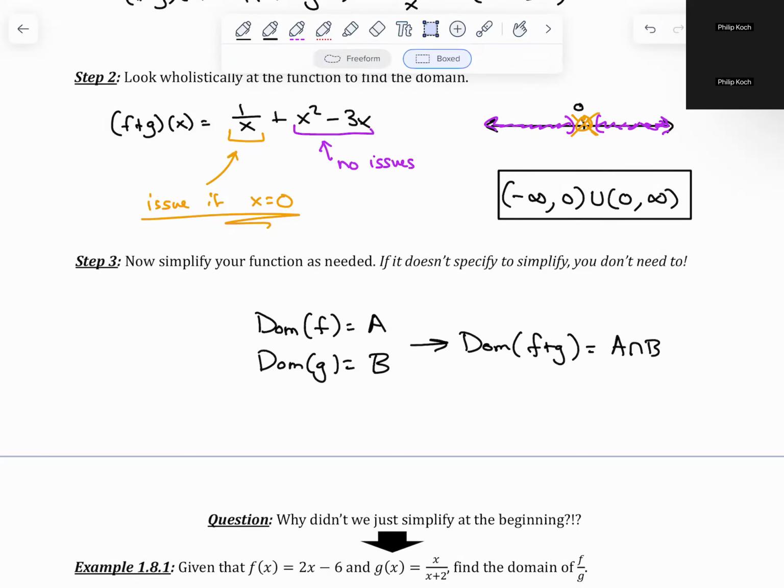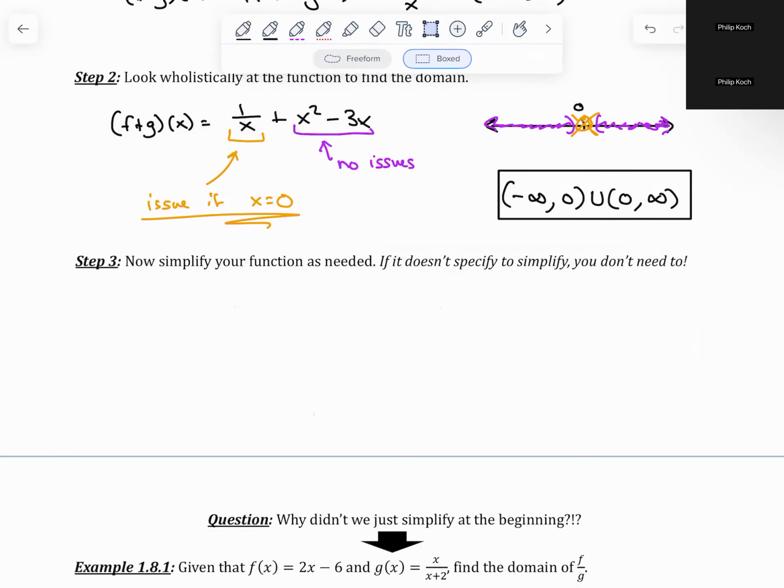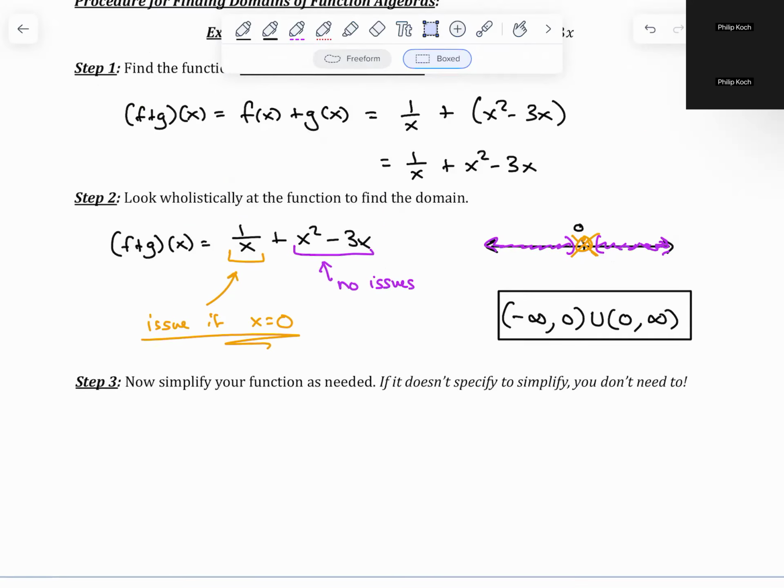So instead, my workaround is just to say, look at the function holistically. Look at each piece that was created from the two different functions and make sure that all of those conditions are satisfied.